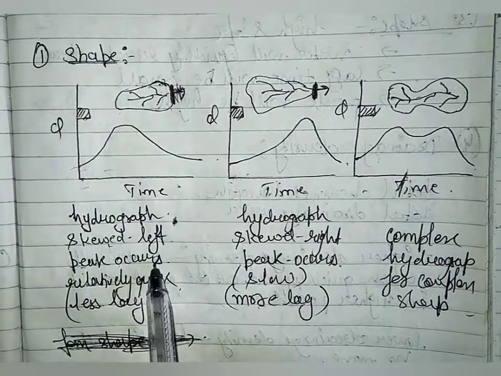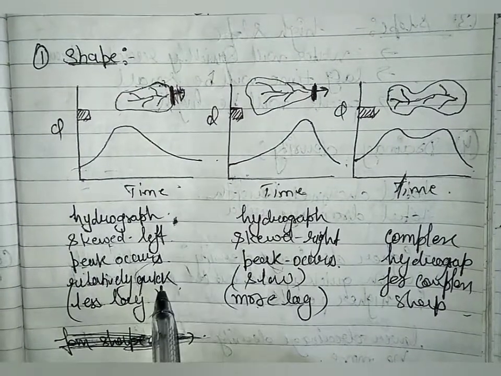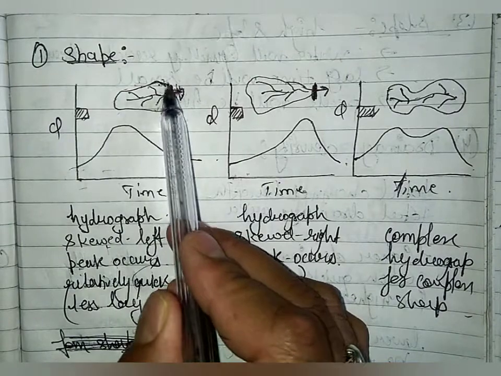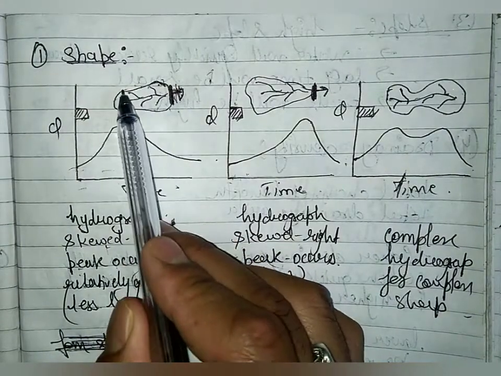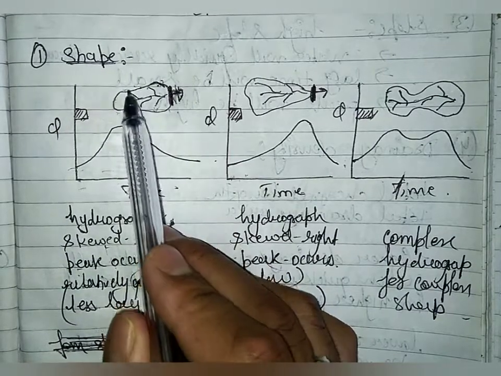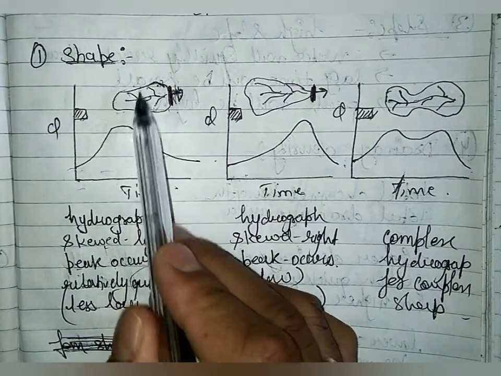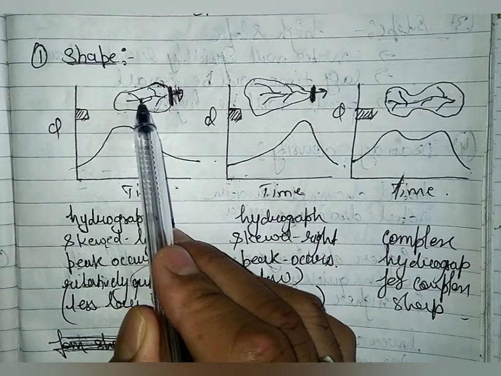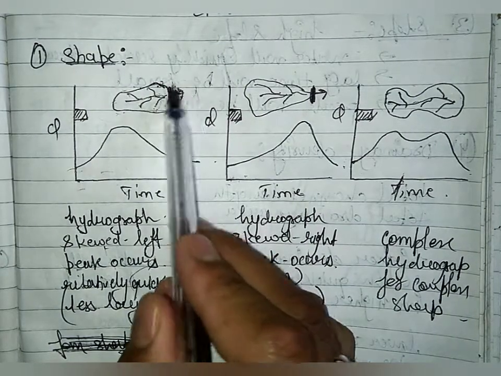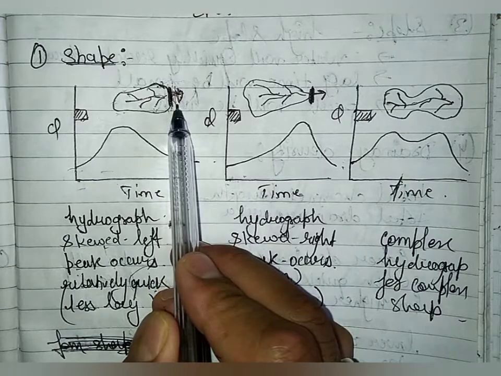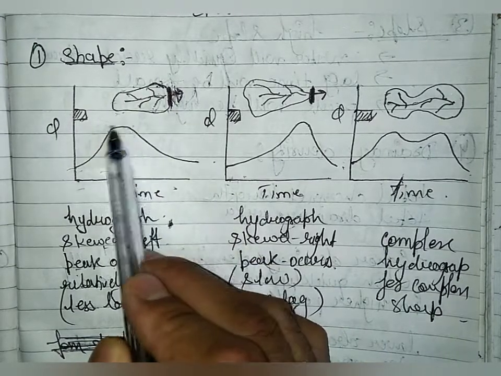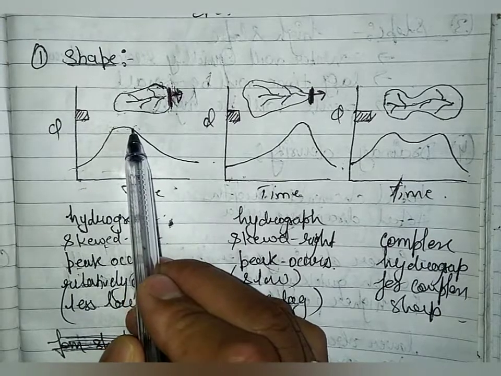The peak occurs relatively quickly in this case. Why is this happening? Because whenever rainfall occurs in this type of catchment, it will start to contribute very quickly to the mainstream, and it will reach the outlet point very quickly. Hence we are going to get this peak at a very early stage.